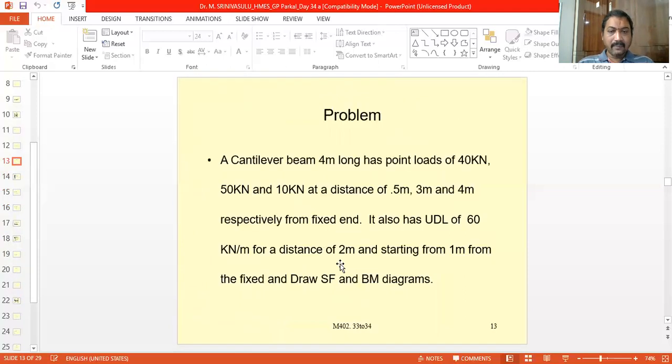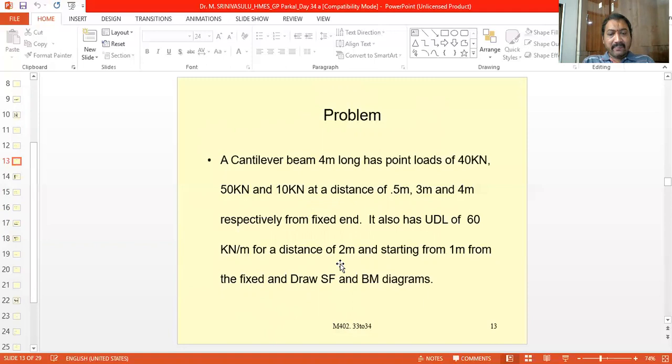This is the problem. So this is a problem of combination of the UDL and point loads on the cantilever. Now we can take this problem.